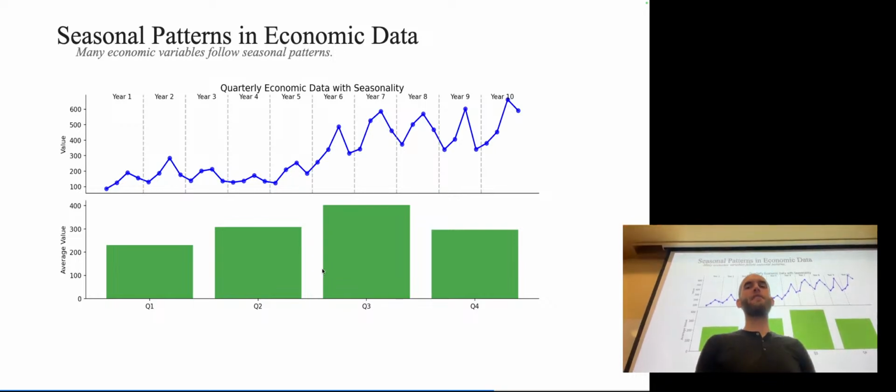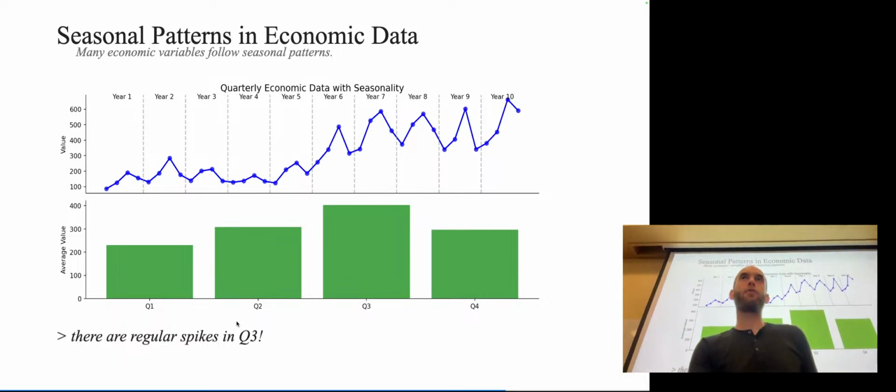And you can see this is another way of seeing this seasonality thing that we see in the time series data. So we see a spike in Q3. And what we want to do is account for that spike while still leaving the trend.